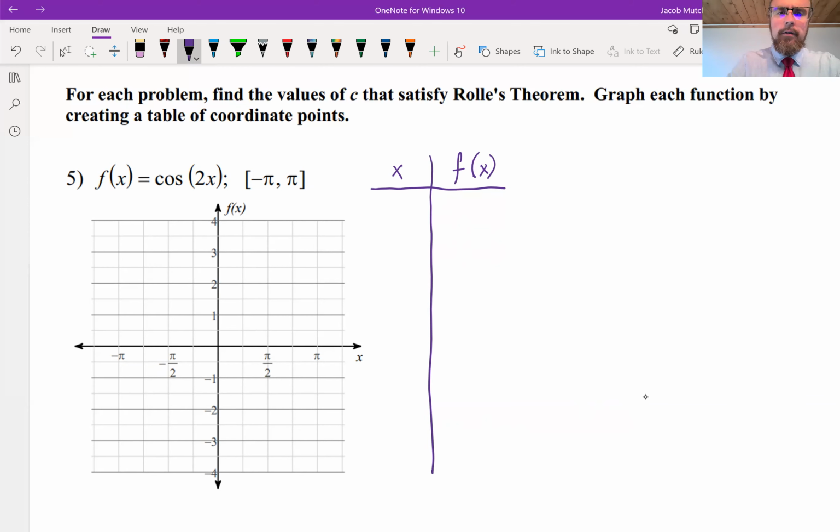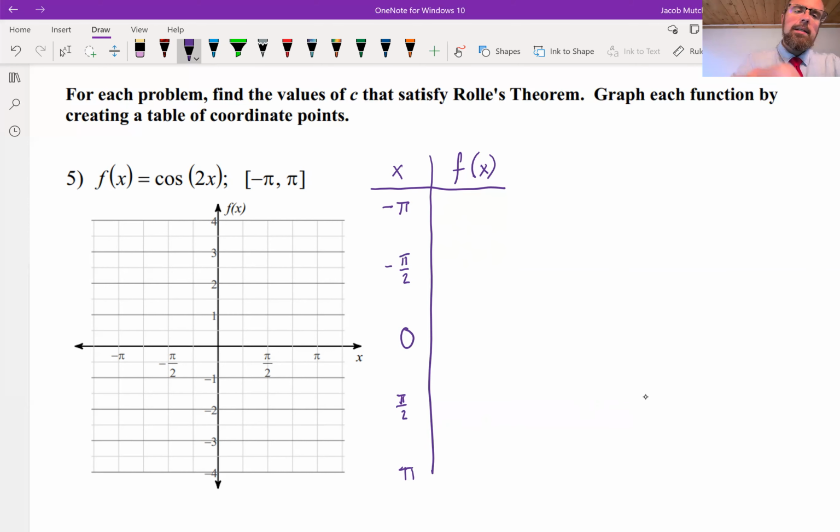So our interval here is from negative pi to pi. So I'm going to put negative pi, place 0 in the center and pi at the far right extreme. And then let's fit in some other values. So I could put negative pi over 2. That's negative 90 degrees. Positive pi over 2.